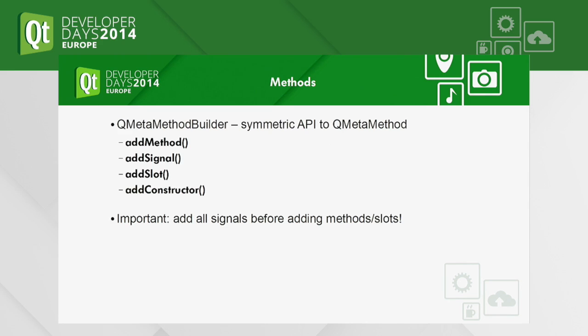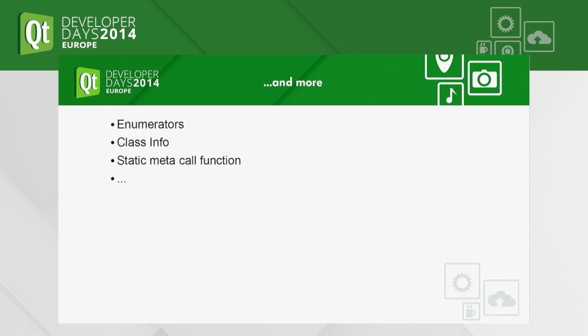Also something to keep in mind, if you have notify signals for your properties, you also need to make sure that you add them before creating all the other methods. Right, and there's more. So basically anything that exists as QMetaSomething, there is a corresponding QMetaSomethingBuilder.